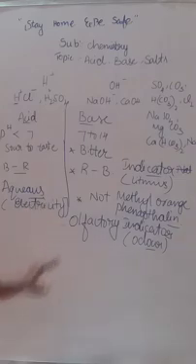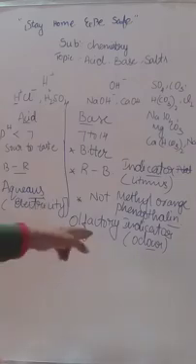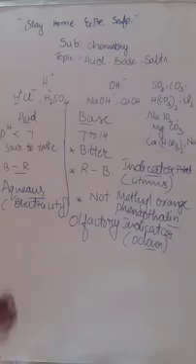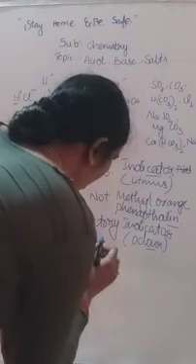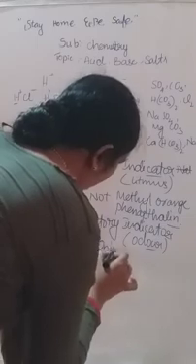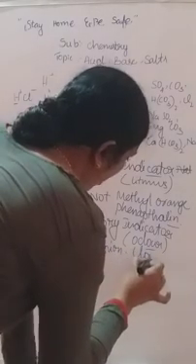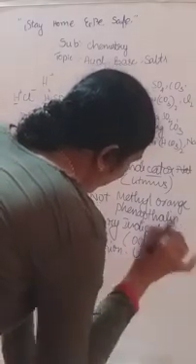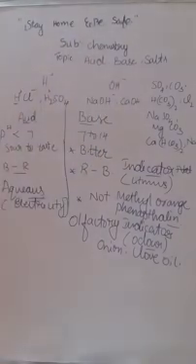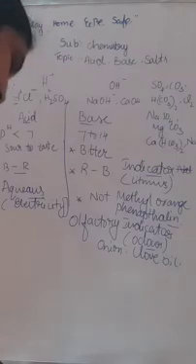Examples for olfactory indicators are onion, clove oil or vanilla, any one we can take. You have to keep that in mind.